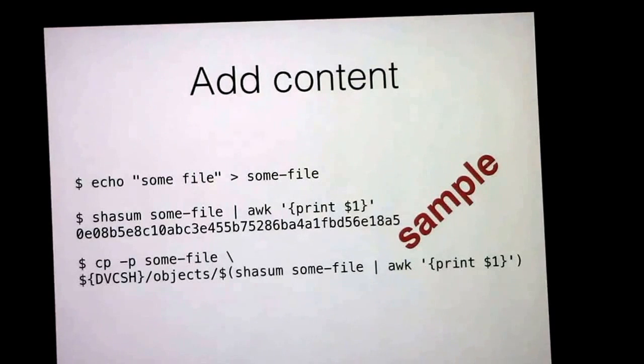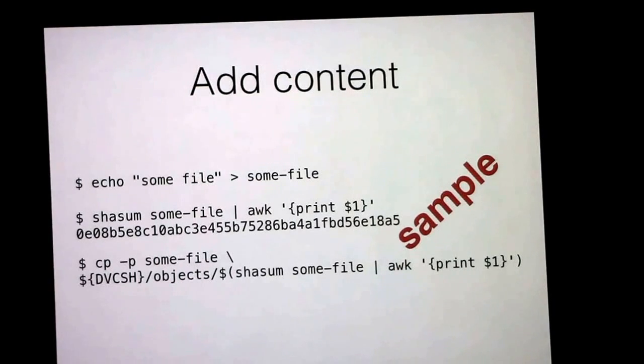This has some really interesting side effects. One of them is that we won't ever have any duplicate files. If we happen to have several copies of the same file throughout our source code, it would only be in there once, because this hash will always be the same, no matter what the name of the file is. The contents are identical, and so it all has the same hash.